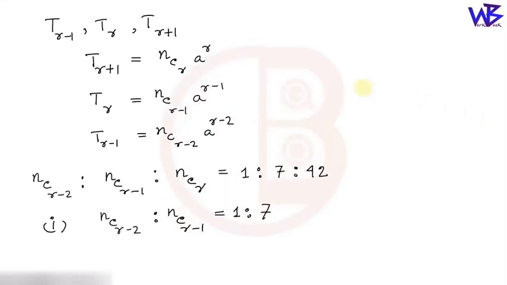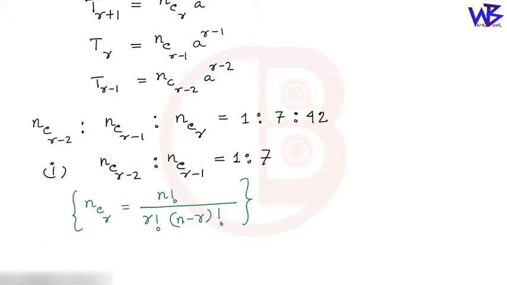Now let me give you an information: nCr equals n! upon r! times (n-r)!. Accordingly, I will expand nC(r-2) and nC(r-1).